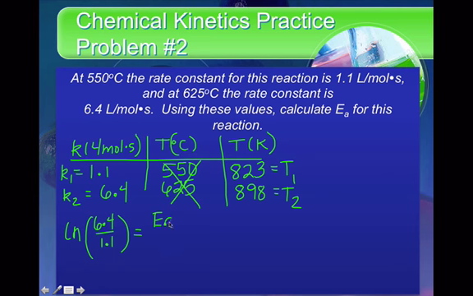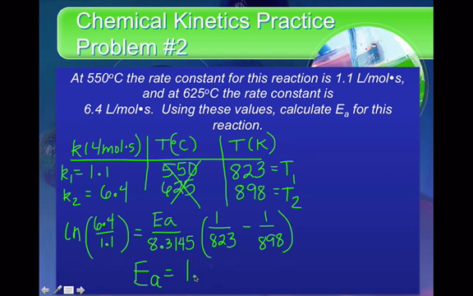That's what I'm solving for. It's what I don't know. The gas constant, 8.3145. And then I have 1 over T1, which is the 823, minus 1 over 898. And if I do all that math and I rearrange, what I end up with for an activation energy is 1.4 times 10 to the 5th joules per mole.